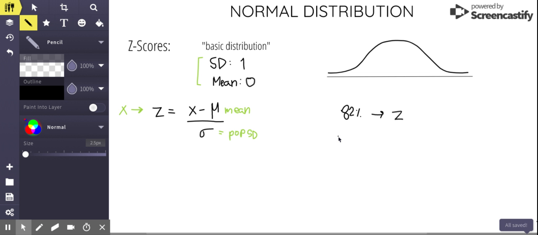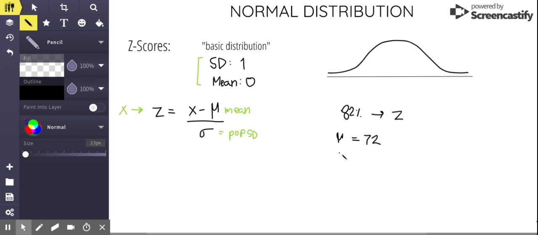Well, that's really easy. But then in the problem, they also give us that the mean is 72 and a standard deviation is 8. So our mean is 72, not 82.